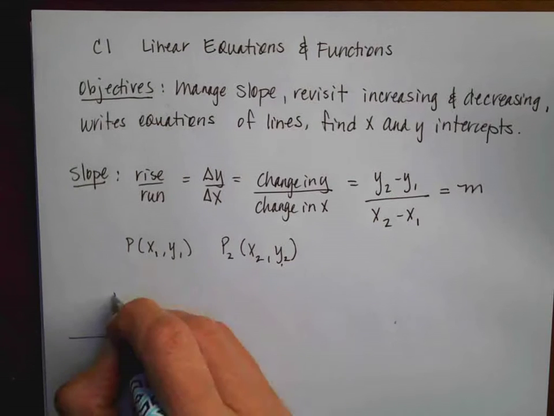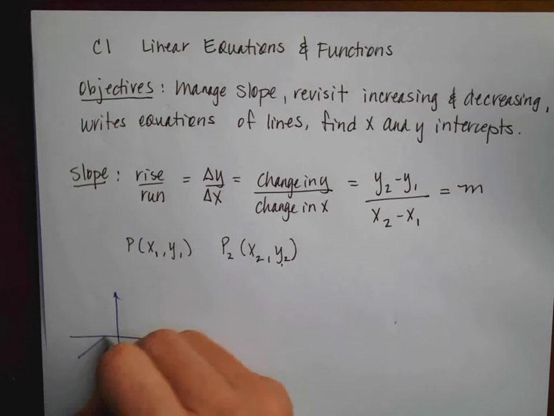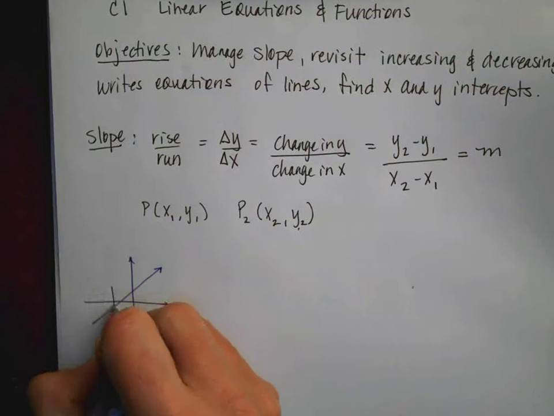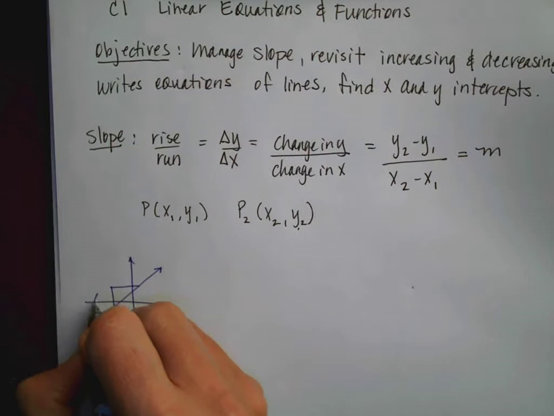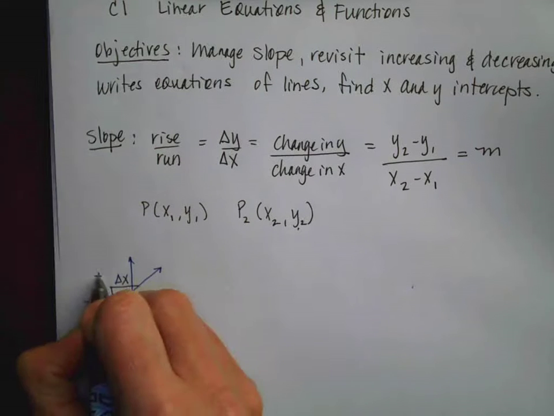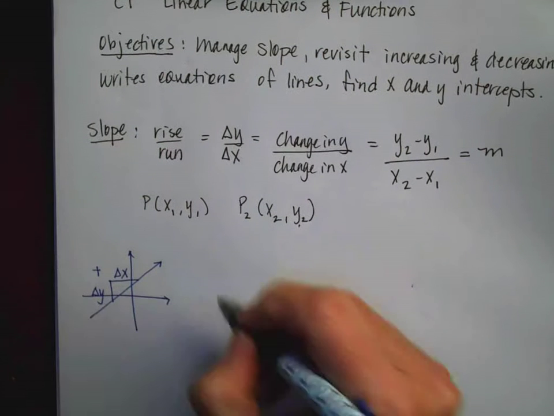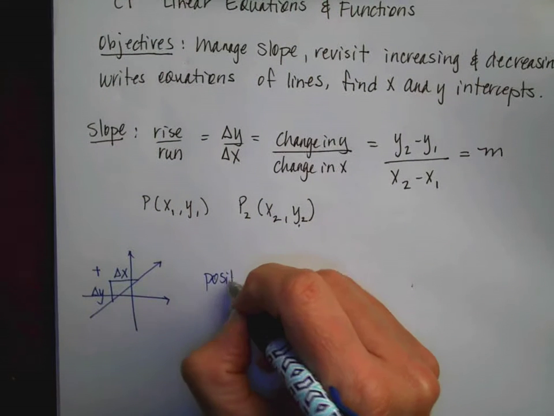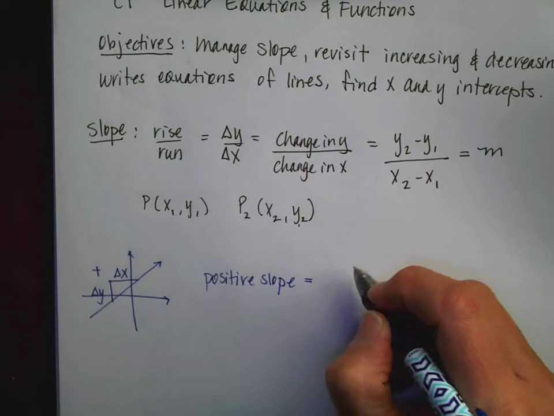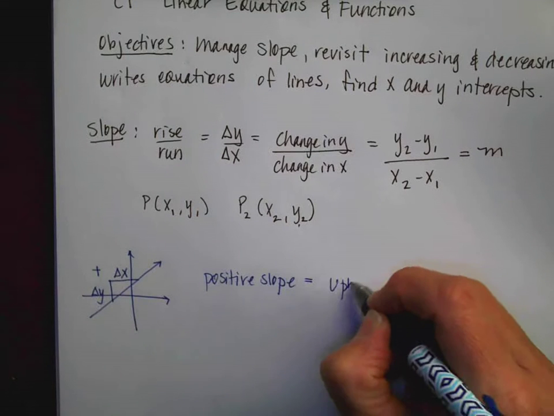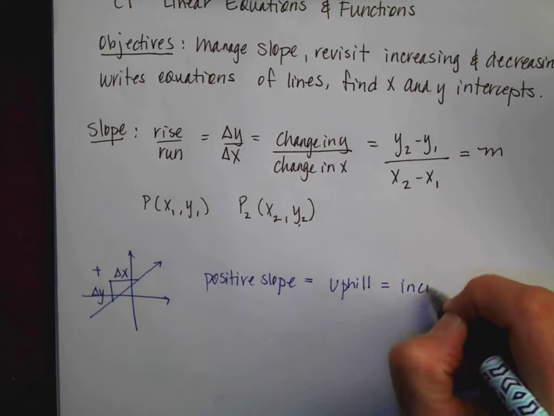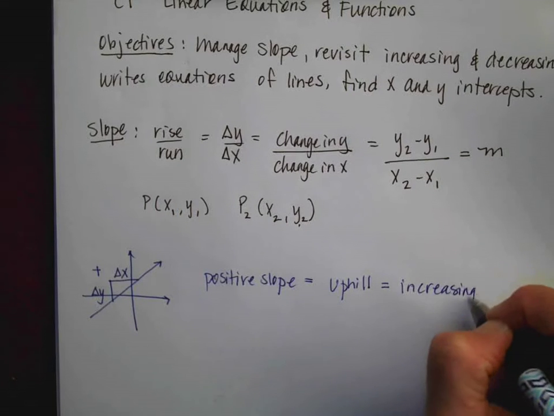So it's the difference in the y's divided by the difference in the x's. If I have a line, and that line is going uphill, then my slope, here's the delta y, and this would be the delta x, and my slope would be positive. So a positive slope means that the graph is going uphill, which is kind of just slang. It also means that it is an increasing function.